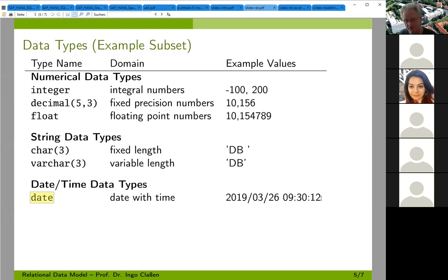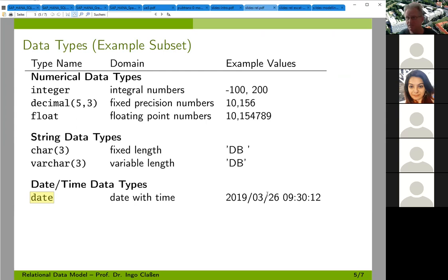Even though in the previous slides we only have seen the date part, that's a matter of representation, but the date also usually comprises time. And if you only insert, for example, the date part of a date value, then the time is usually filled with zeros, 00:00:00. But it could have a real time value as you see it here.